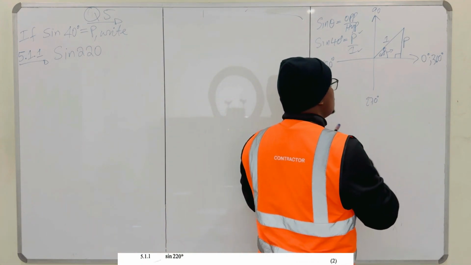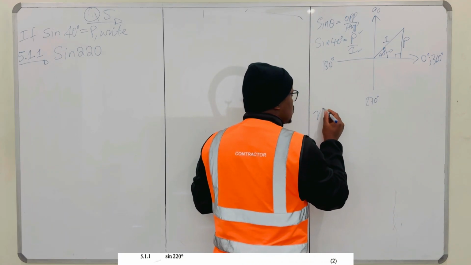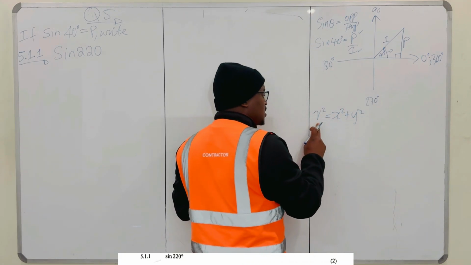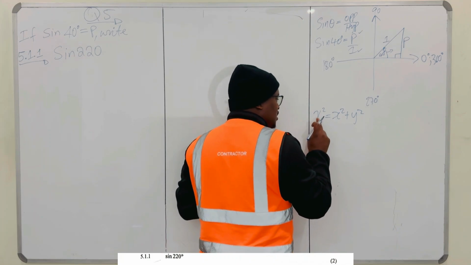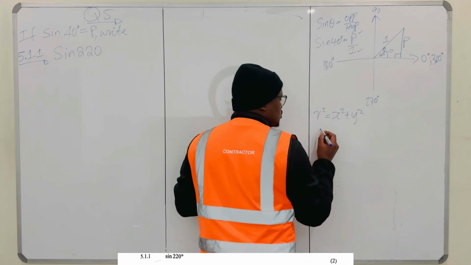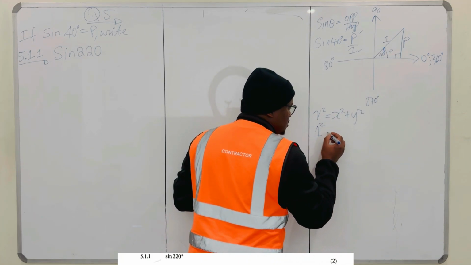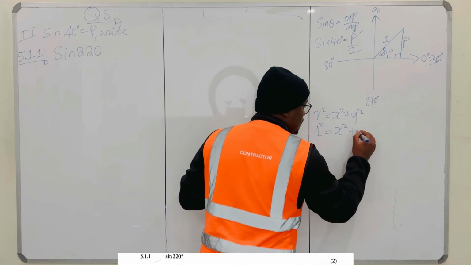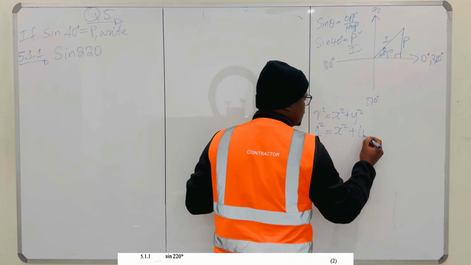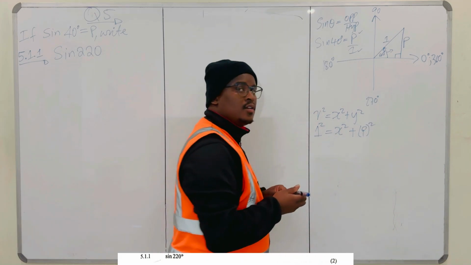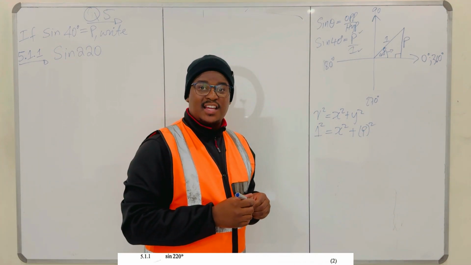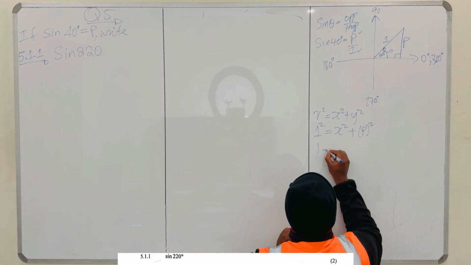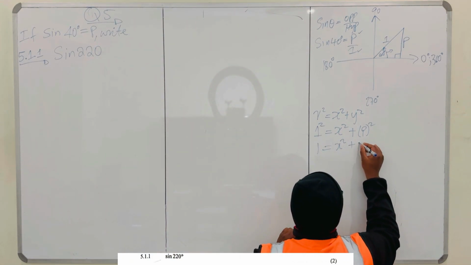Okay, we can use the Pythagoras theorem. Say r squared is equal to x squared plus y squared. What is your r squared? Your r represents your hypotenuse, so it's 1 squared, equal to x squared, which is the x component, plus your y component, which is P squared. So you can solve for x in terms of P. So it's 1 equals x squared plus P squared.